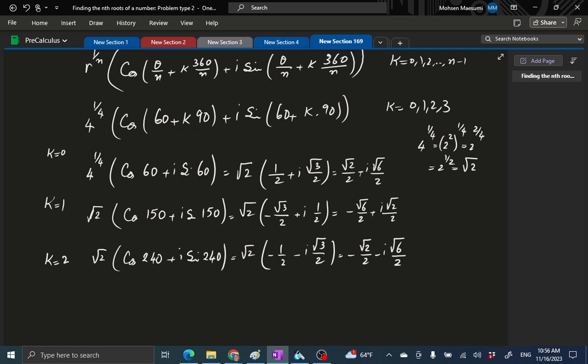So we could have saved time, and k equal to 3. This one is turned from that by 180, so we expect this to become negative. Let's see if that guess is correct. So I take k equal to 3 and put it here, so that's 270 plus 60, so that's going to be cosine of 270 and 60 is 330.